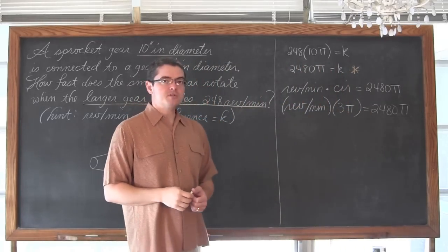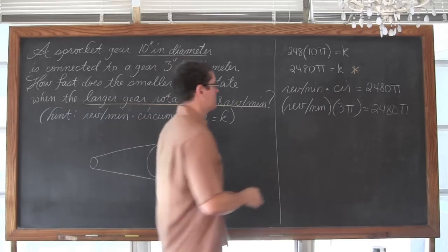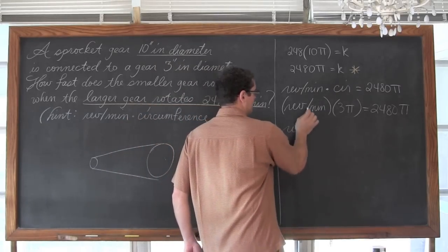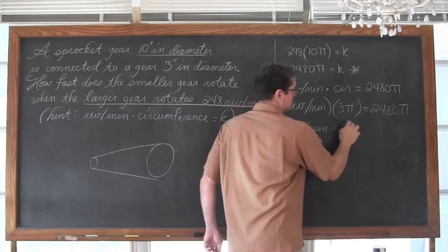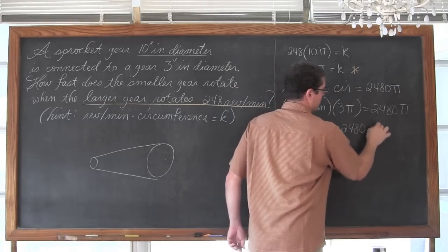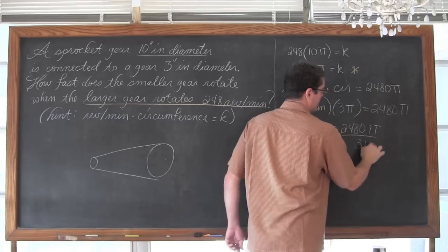We want to find revolutions per minute, how fast the back one is rotating. So revolutions per minute is equal to 2480 pi over 3 pi.